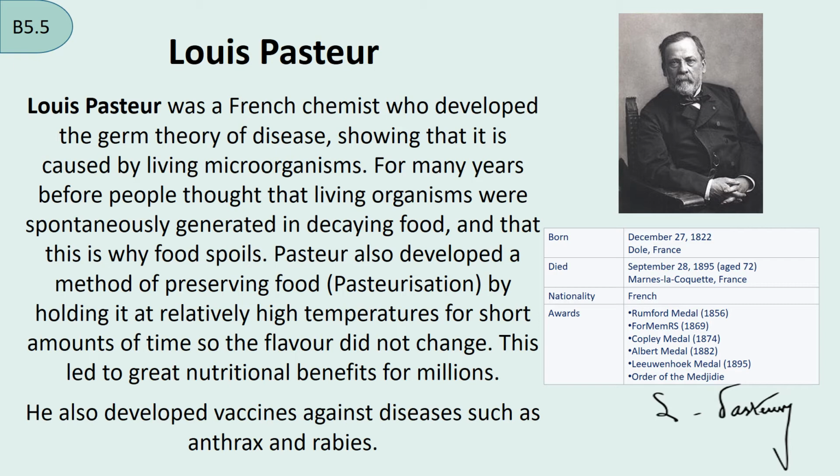So heating things very rapidly to a high temperature kills the bacteria without destroying the taste. Most of the food that we eat, and milk, for example, is pasteurised before we get it. If that doesn't happen, milk would spoil incredibly quickly. He also helped develop vaccines against diseases such as anthrax and rabies. So quite the gent.